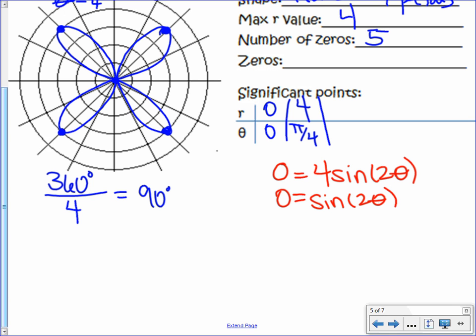Right? So now we need to decide where the sine is 0. Josie, where's the first place sine is 0? 0. Okay, so 2 theta equals 0. How many of these do we need to list? 5.